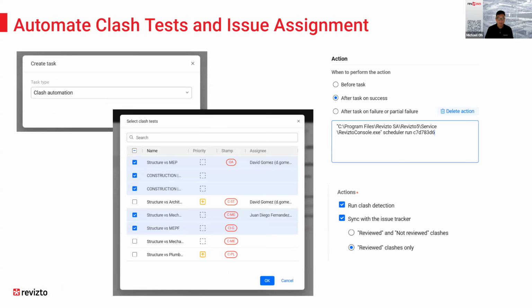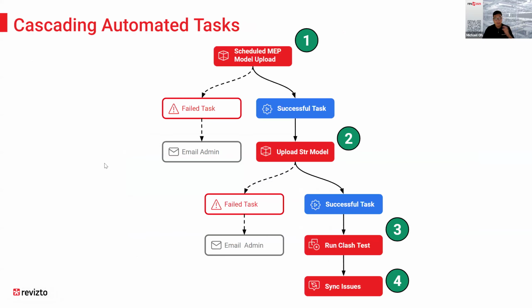The Revizto program can be templatized in terms of all these clash test configurations, our issue automation program. So from project to project, throughout the entire portfolio of your projects, essentially you can copy and paste your Revizto setup.